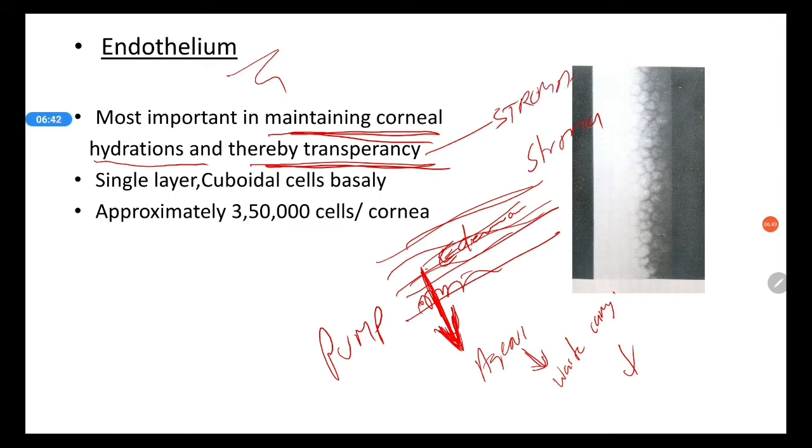Now, the endothelium is actually a single layer, unlike the epithelium, which had 5 layers in the center and 10 layers at the periphery. Here the endothelium is a single layer.